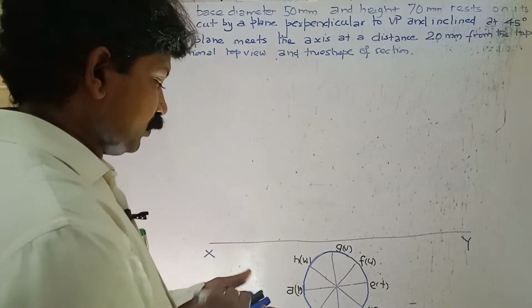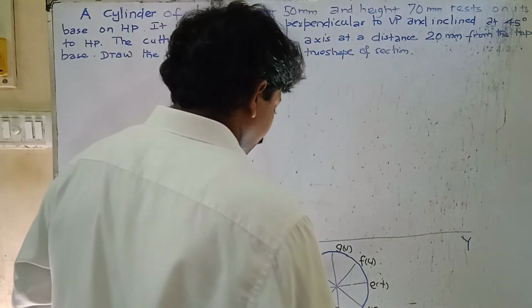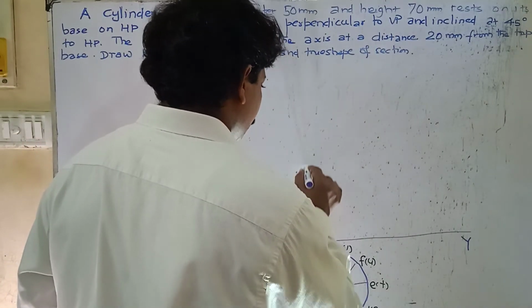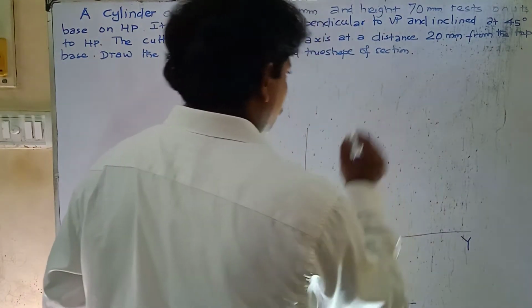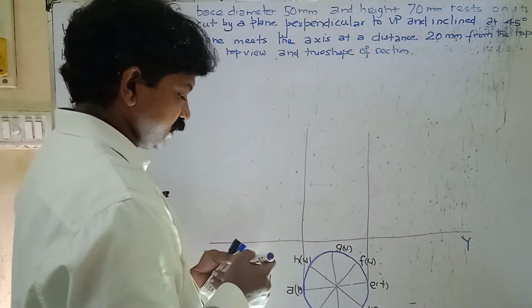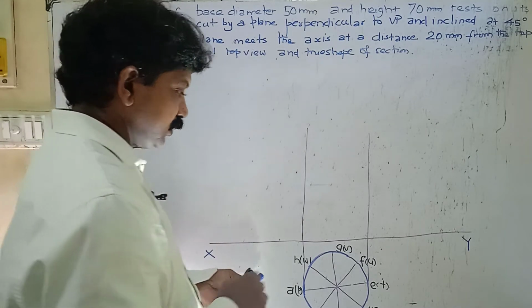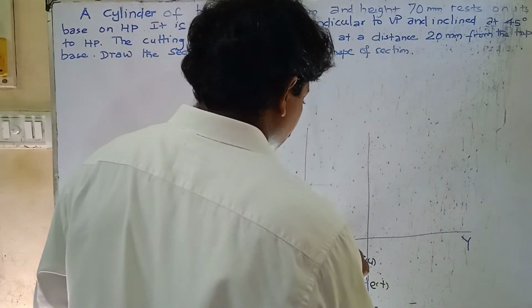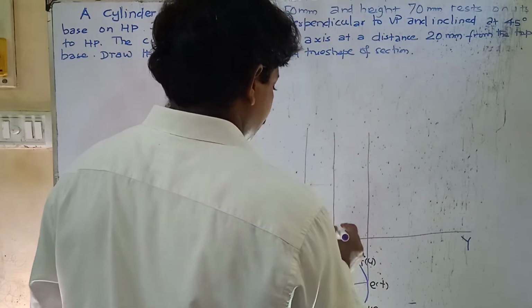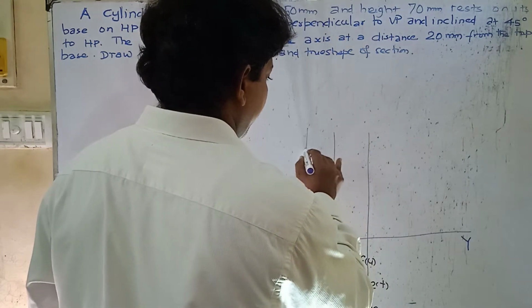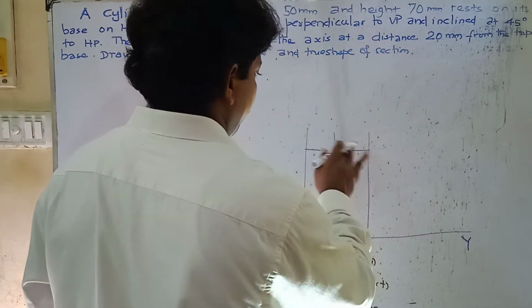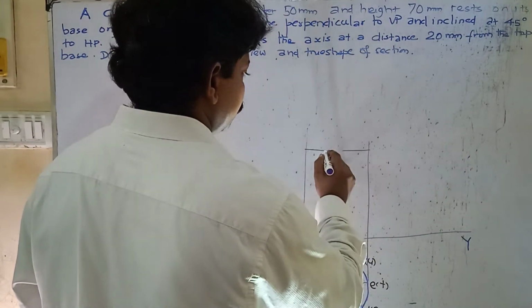Draw perpendicular lines from the top view using 2H pencil. Your axis height is equal to 70 mm, so extend up to 70 mm height.